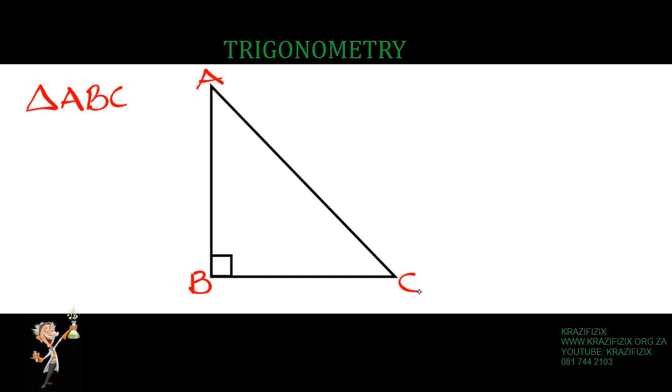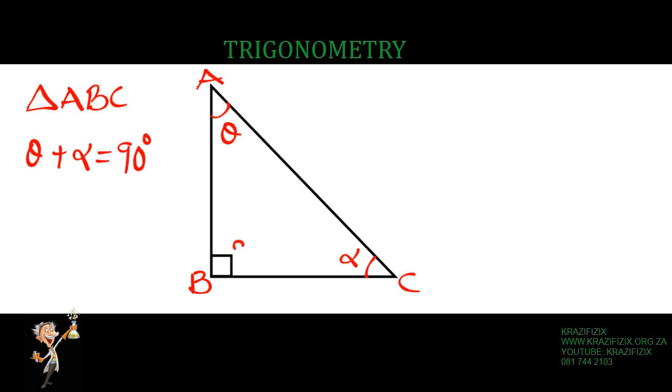Let's pick angle A and just make it theta. And angle C, we can call it alpha. Since this is a right angle triangle, is it okay to start by saying theta plus alpha equals 90 degrees? Remember that the sum of the angles in a triangle is 180.